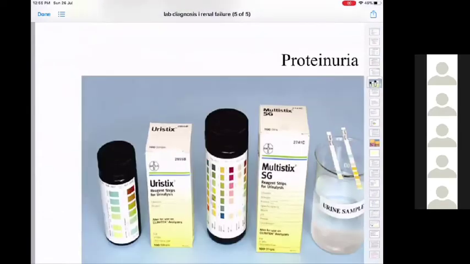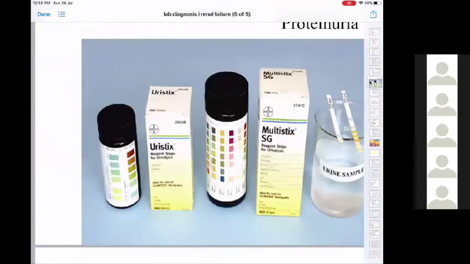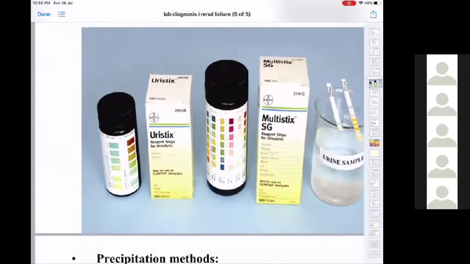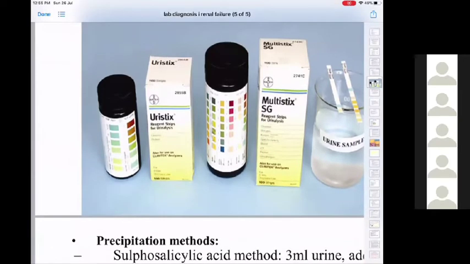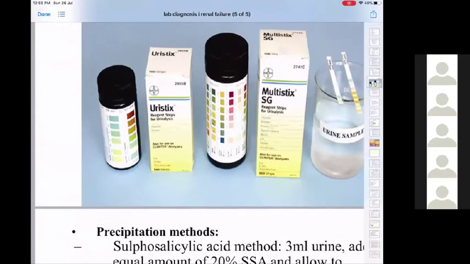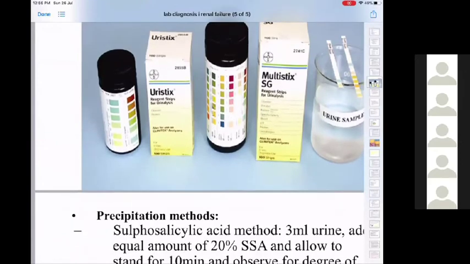Now proteinuria. Nowadays, all these physical things are measured by the dipstick method. Here you see the dipstick for protein and sugar, and the urine sample.